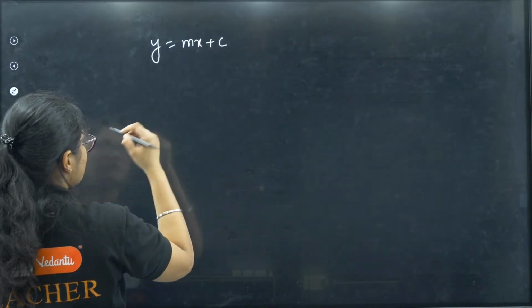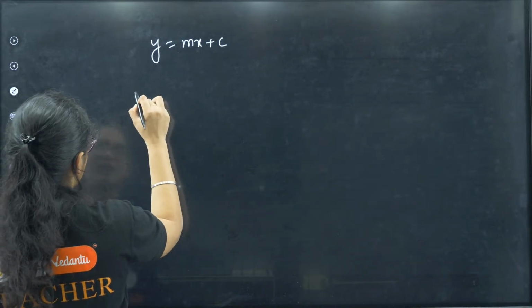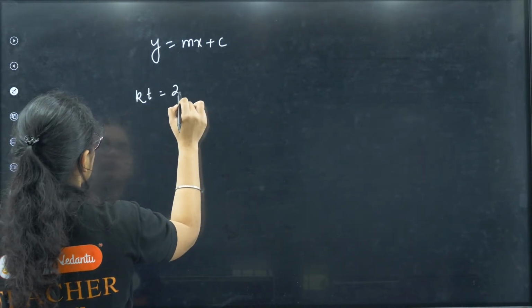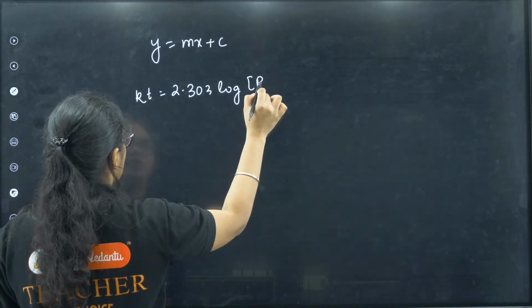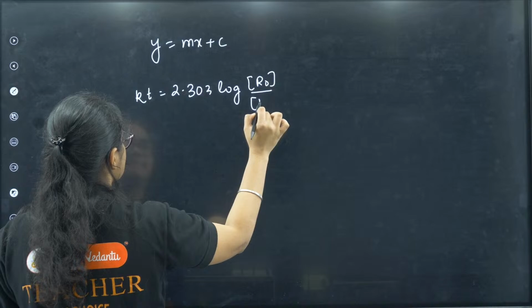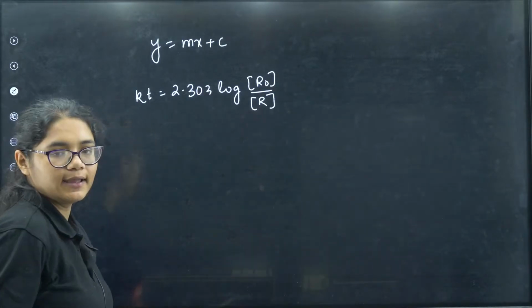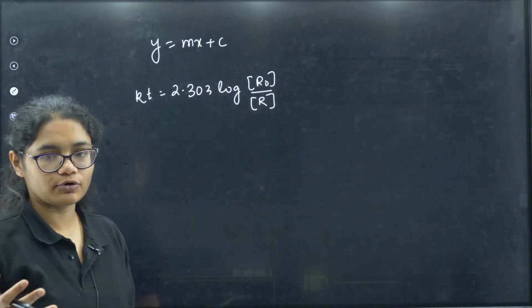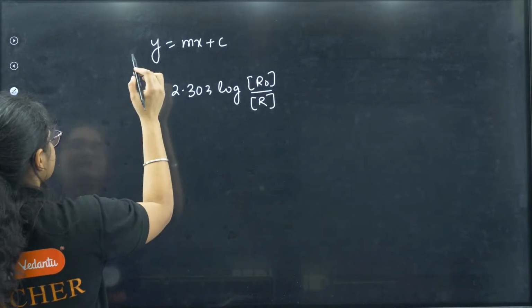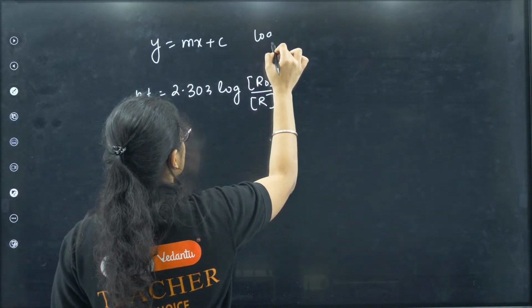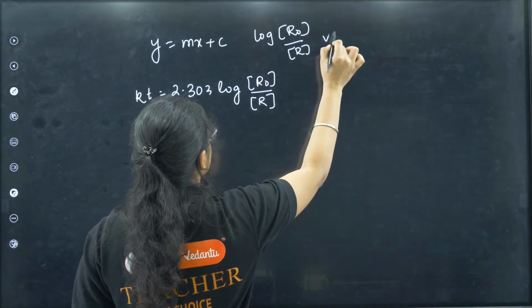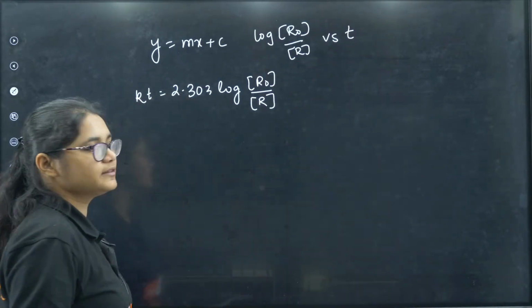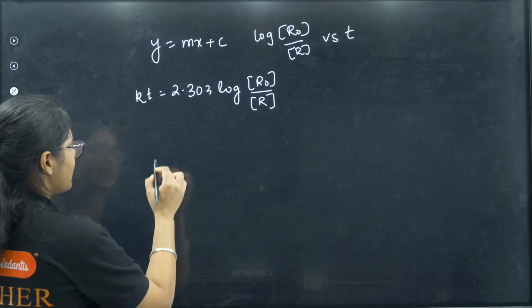So for example, you have the graph of kt is equal to 2.303 log of r naught by r. Suppose you have to draw the graph for log of r naught by r versus t. Suppose you have to draw this graph. Okay, then what do we have?